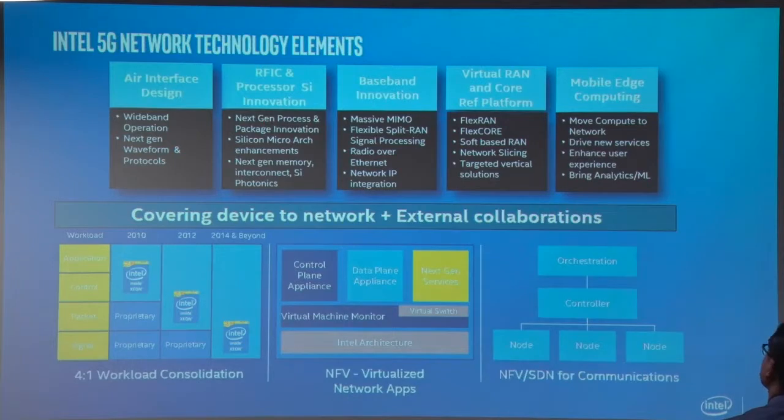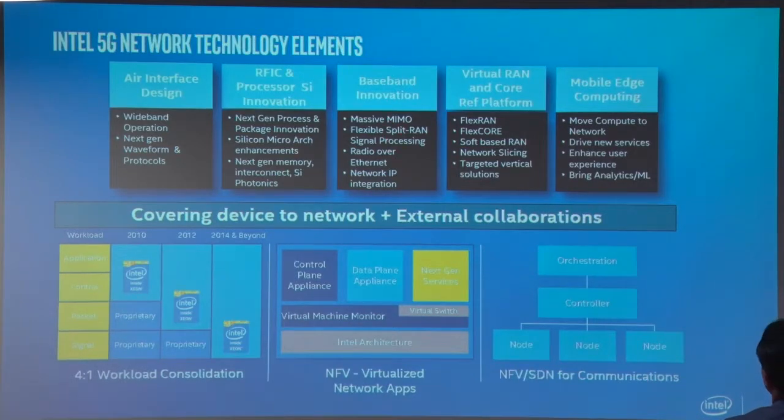We're looking at how you define new types of process and package innovation that can cater to these types of technologies and requirements. Whether we talk about memory or silicon photonics, how do we connect these different nodes together? The amount of data that these things transfer, it's not copper connectivity, it needs optical connectivity. So silicon photonics is another area, and we are also working on next generation memory technologies.